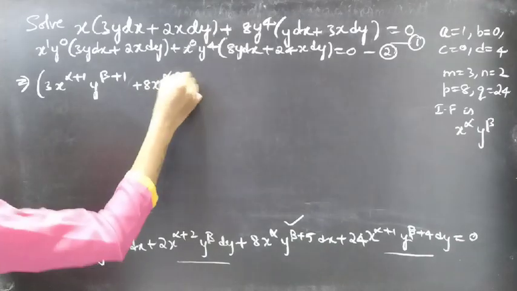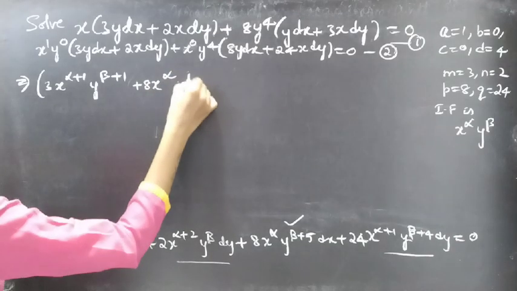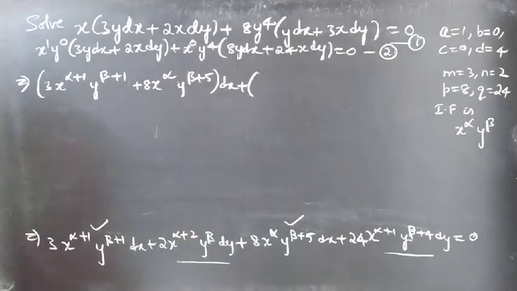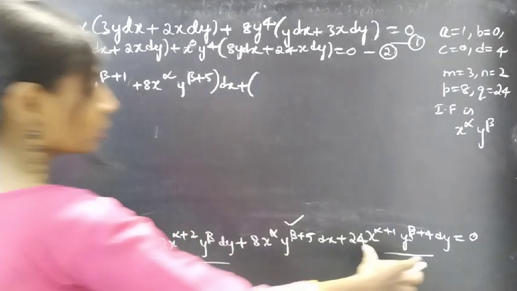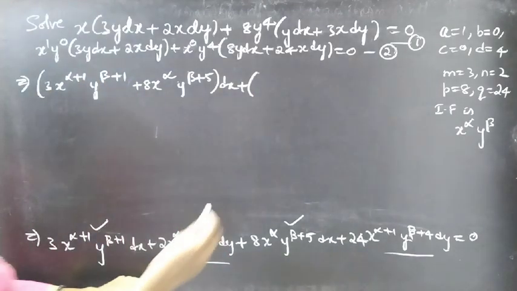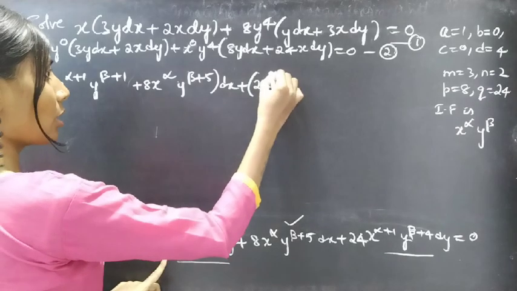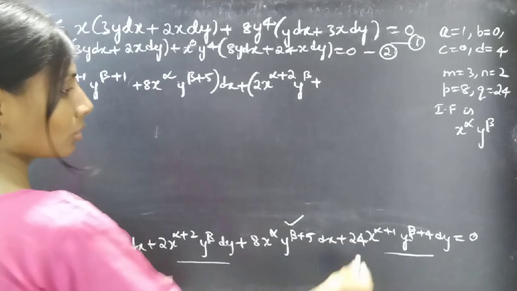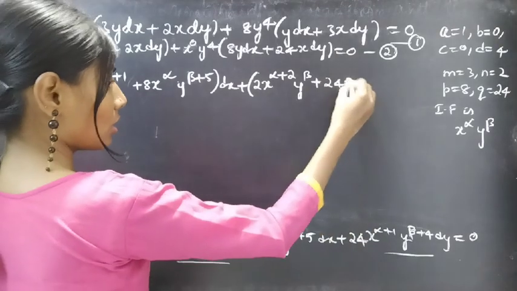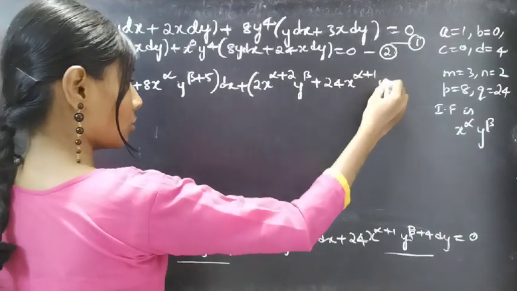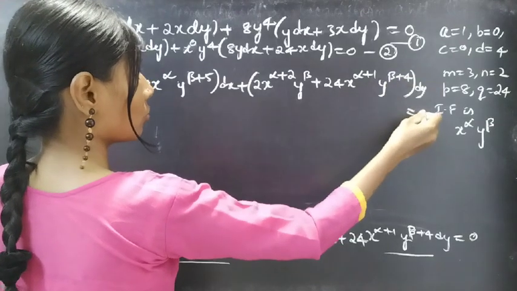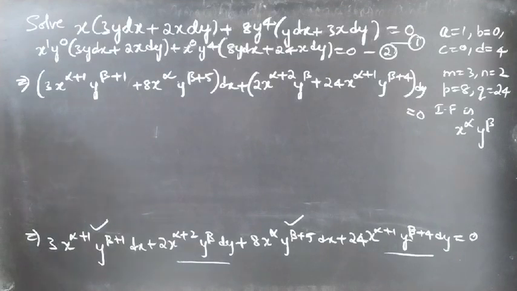So you'll get the dx terms, plus, now take dy common from these two terms, we'll get 2 x^(α+2) y^β plus 24 x^(α+1) y^(β+4) into dy equal to 0. Right?